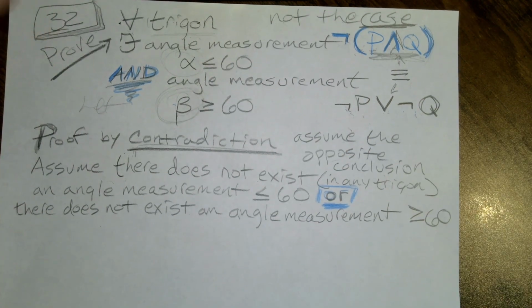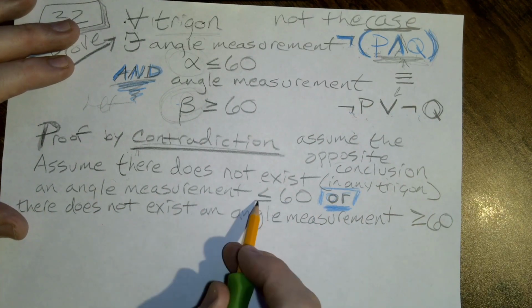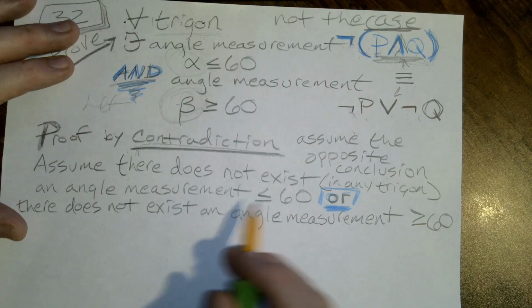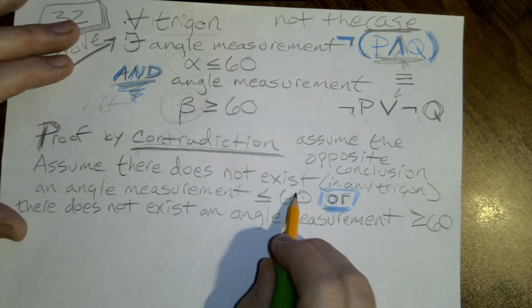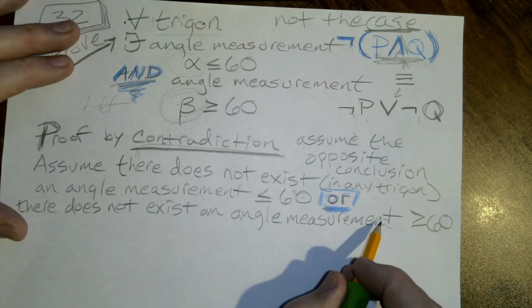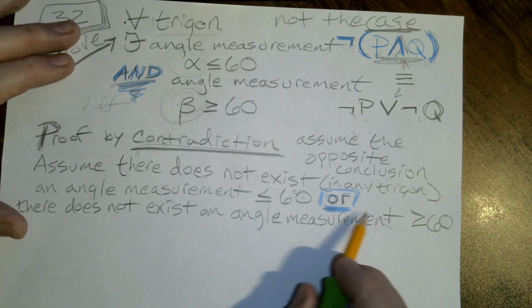And so what is on either side of that disjunction? There does not exist in any trigon an angle measurement greater than 60. So let's examine this case. The opposite is this or this. So let's look at each one separately.